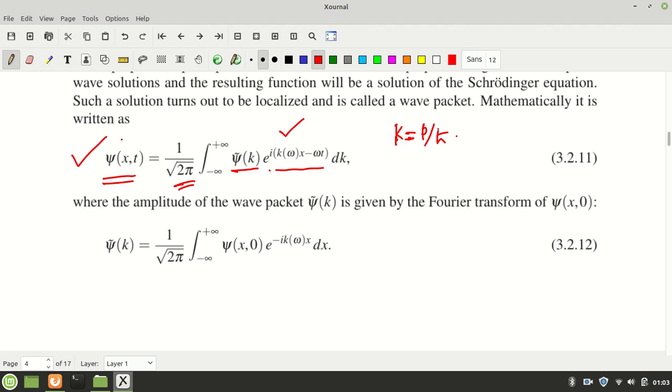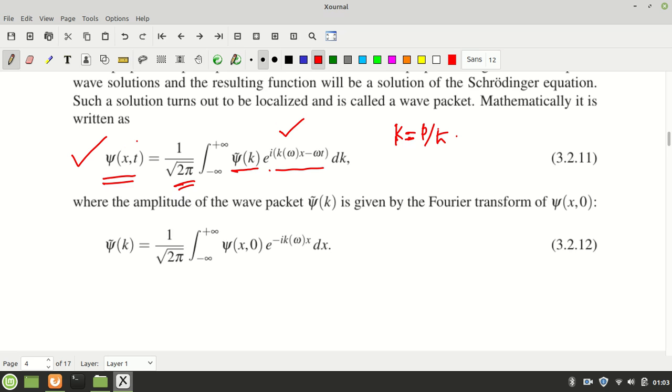In one method I reached the time dependent Schrodinger equation from the plane wave solution, and the other is from this equation, which is the wave packet solution. And here, by differentiating, you can also satisfy the time dependent Schrodinger equation.